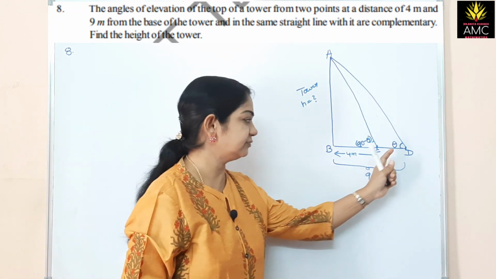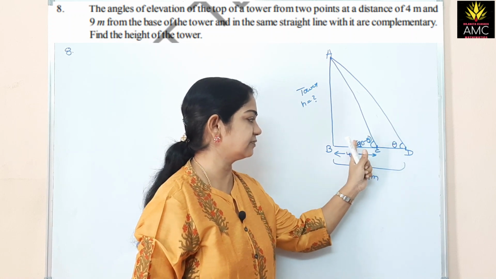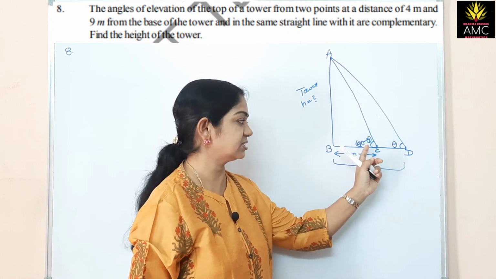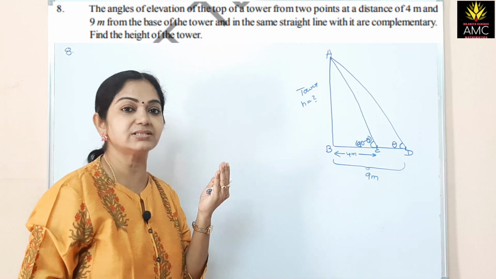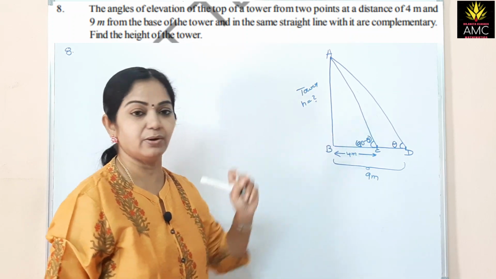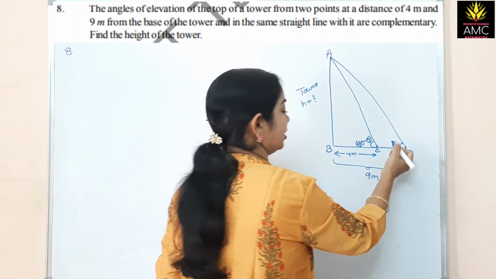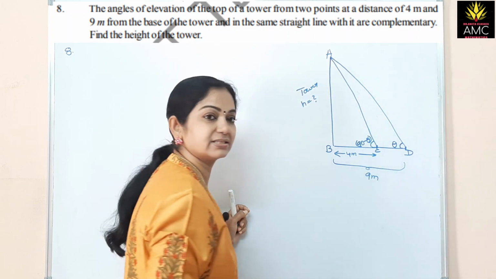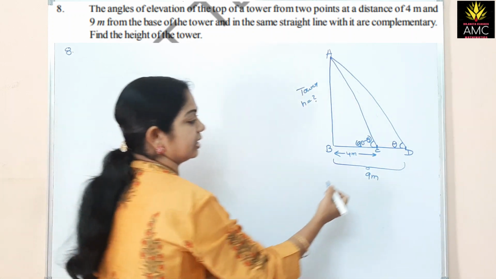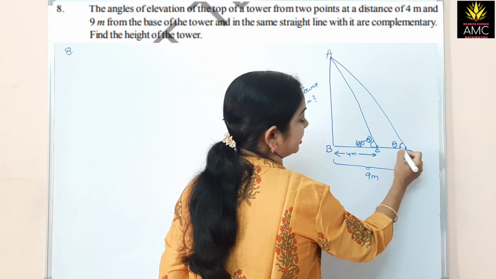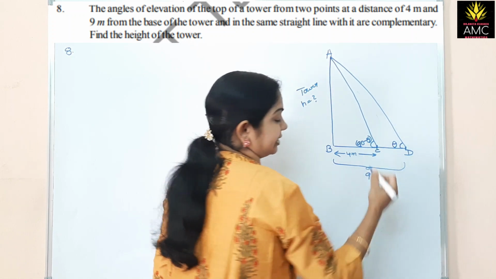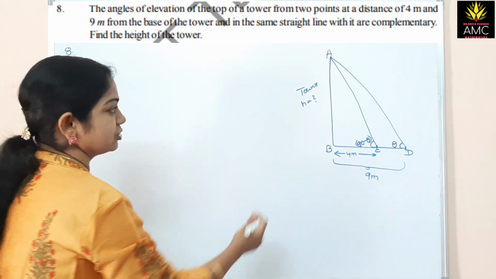So, if this is 40, then this will be 90 minus 40, which is 50. This one is coming towards the tower, so it must be the bigger one. If it is 60, this will be 90 minus 60, which is 30. We can take one as x degrees and the other as 90 minus x, one and the same.